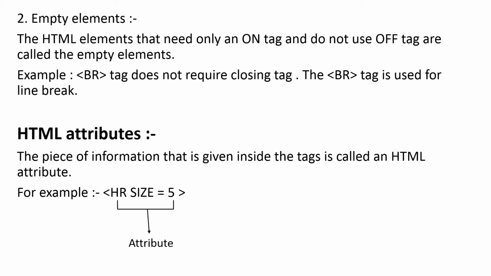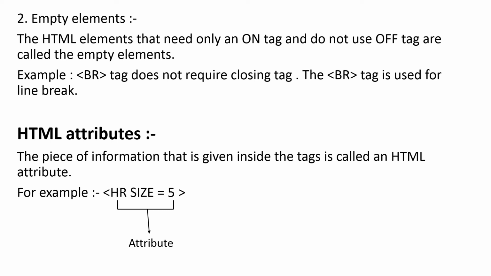As you can see on the screen, inside the tag, size is defined equal to 5. Okay, when you are certain about specific things that you want, then you can define it inside the tag. The piece of information that is given inside the tags is called an HTML attribute.